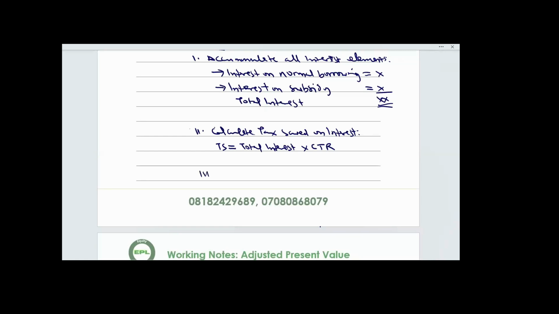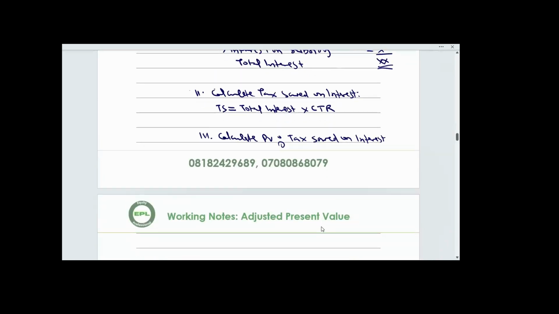Then finally, step 3, you calculate PV of tax saved on interest. How do you do this? Very simple.